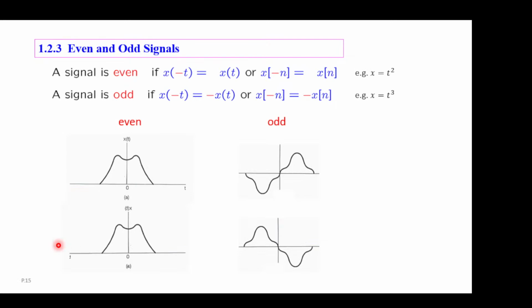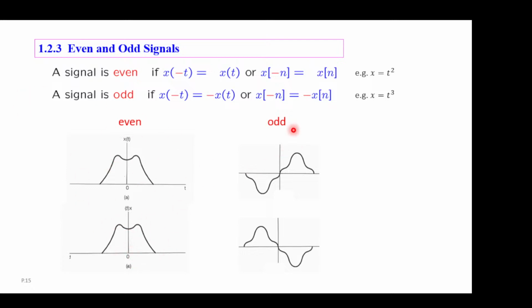And then we have the concept of even and odd signals. The intuition is that we are saying this for polynomials of even power or polynomials of odd power. An even function has a symmetry around t equal to 0, in that if you do time reversal around t equal to 0 and flip it left and right, then it's still the same signal.